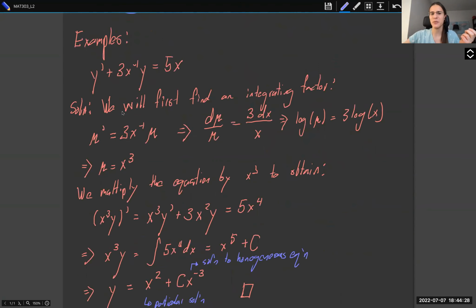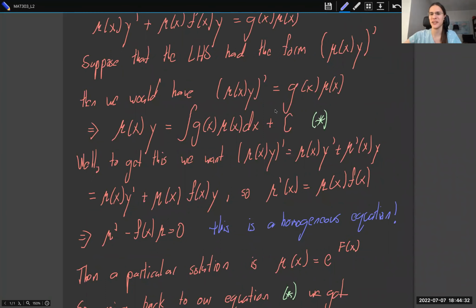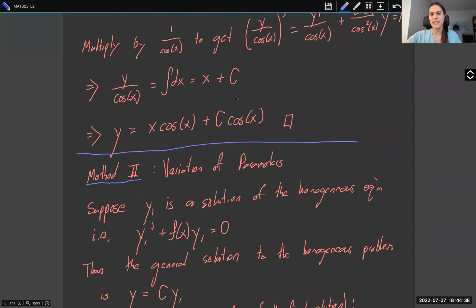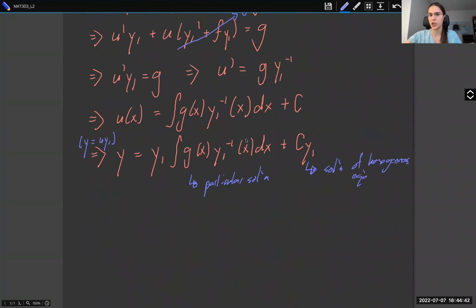That's essentially what you're doing when you're solving for the integrating factor. So this version of the problem gets the same general solution. We verified that this method works because we've recovered the same general solution.